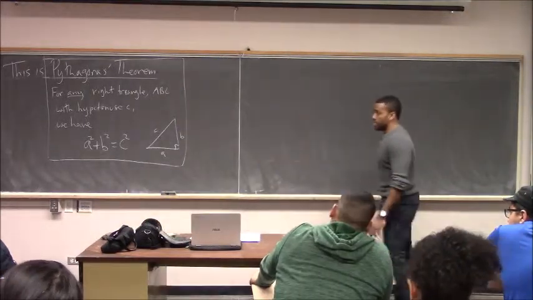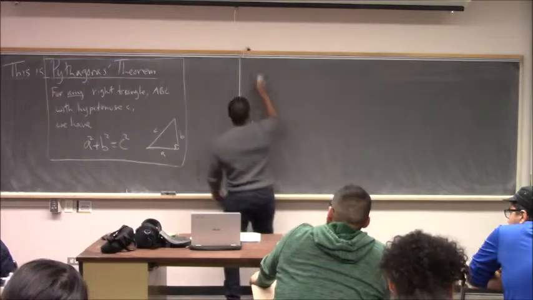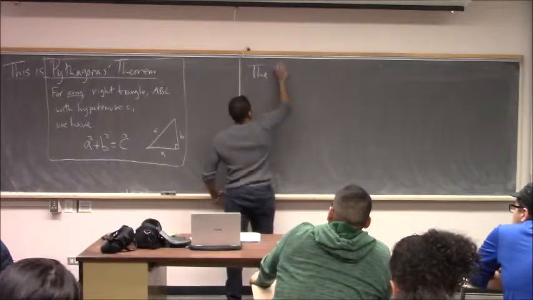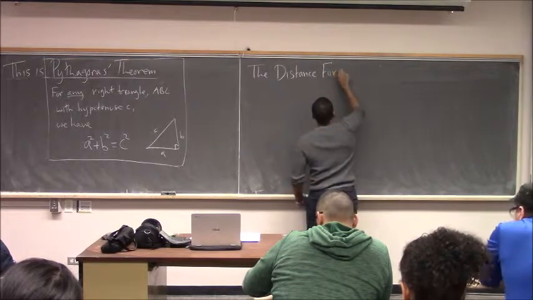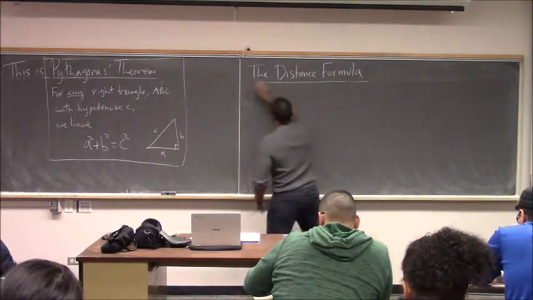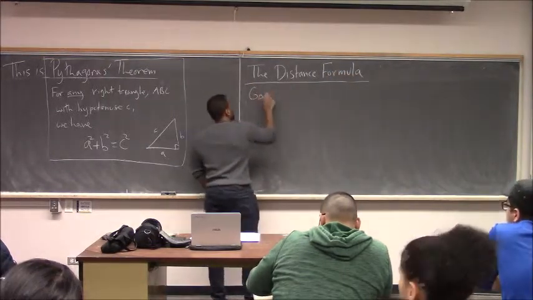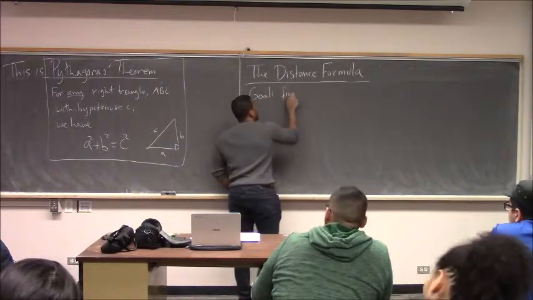With that, now we can talk about the distance. Now let's talk about what we call the distance formula. So the goal here is to find the distance between 2 points.